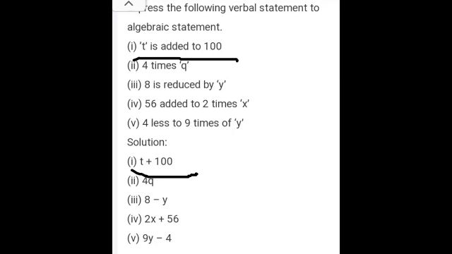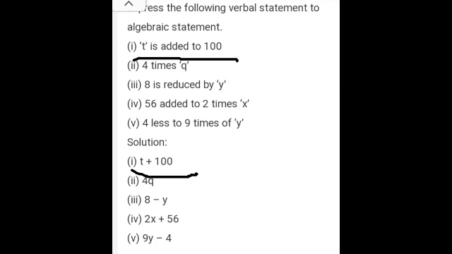Just now we learnt, added, the term is used for what symbol? Added means plus symbol. We will be using the symbol plus. So we'll rewrite this sentence as t plus 100. Instead of added we will put plus.